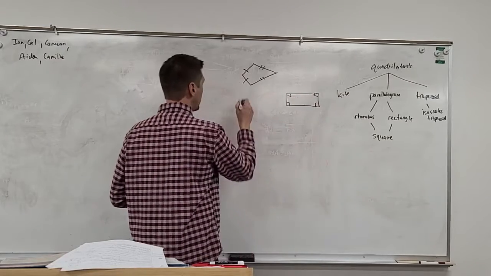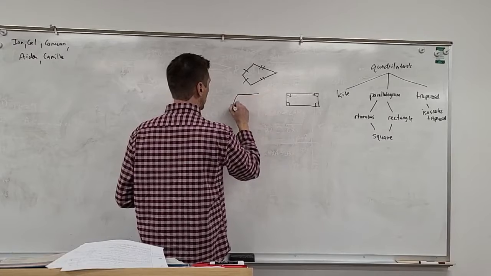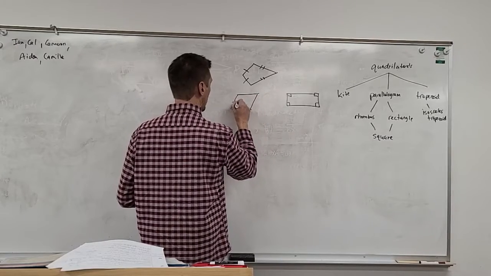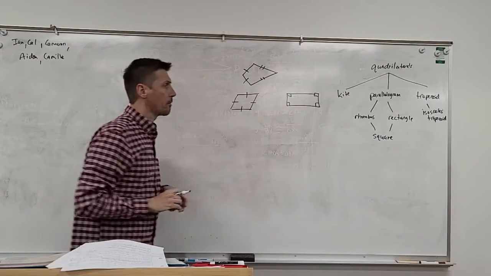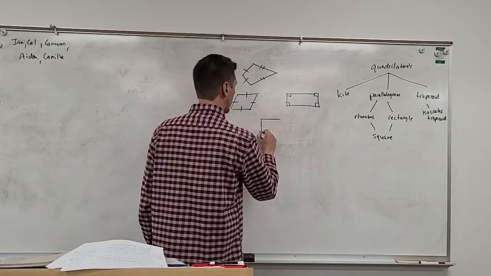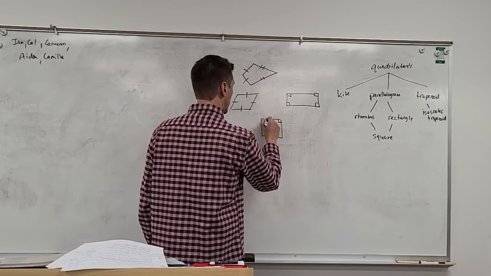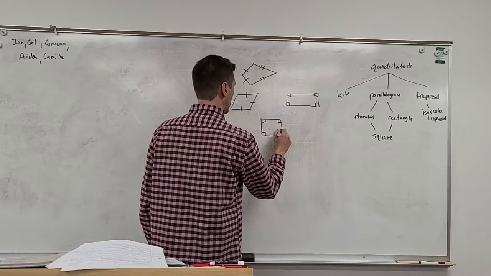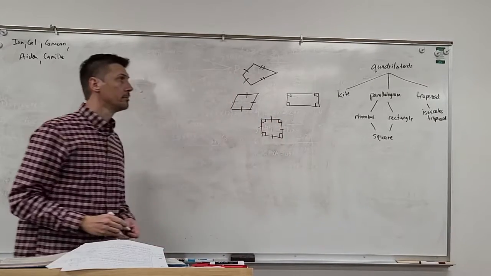All the angles are the same. For a rhombus, the length of the sides all have to be the same, right? And then the shape that fits into both of those, where the length of the sides and the angles are all the same, would be a square.